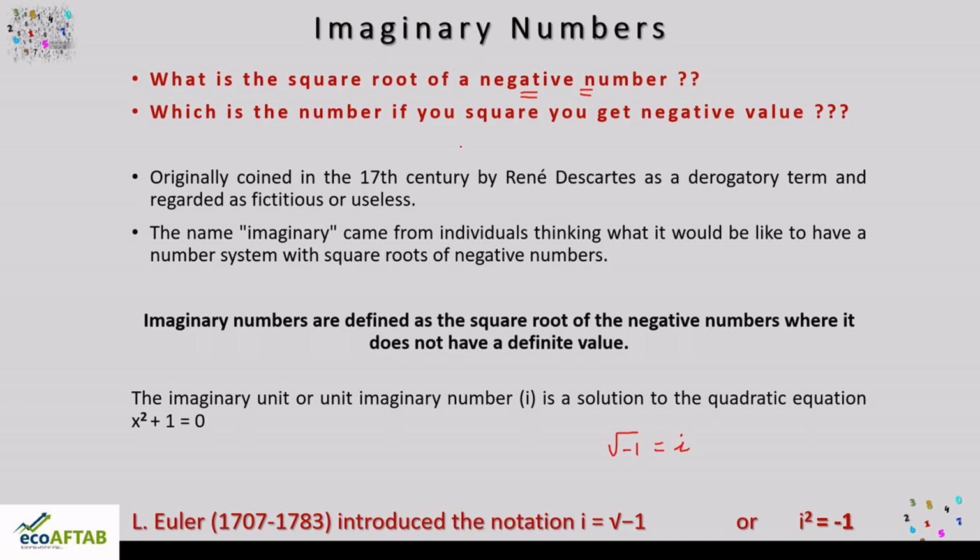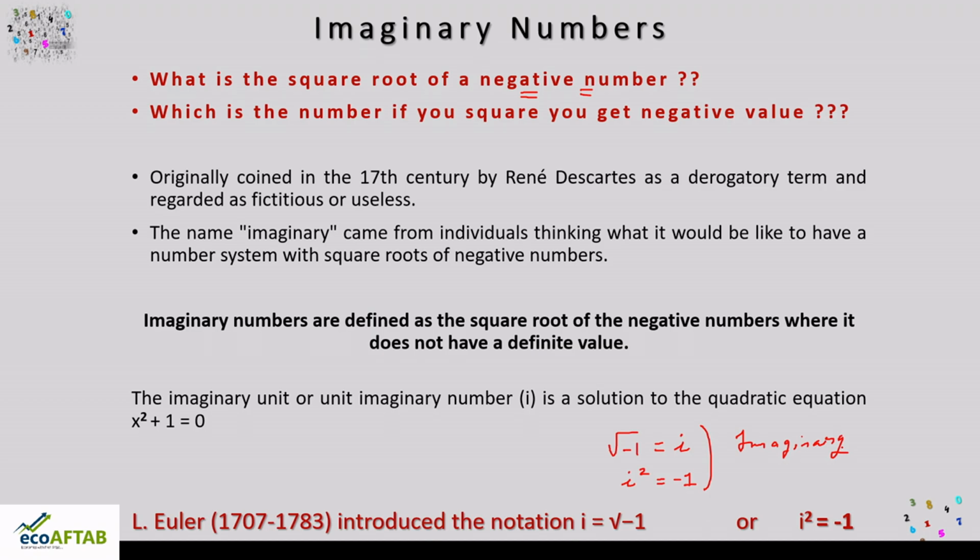The second question: what is the number that, if you square it, gives a negative value? If I square i, the answer I get is minus 1. So i square is equal to minus 1, or i is equal to the square root of minus 1. These numbers are called imaginary numbers. I hope it is clear.